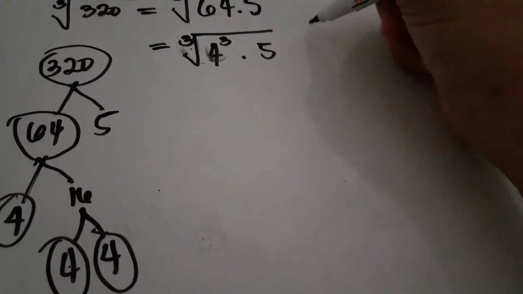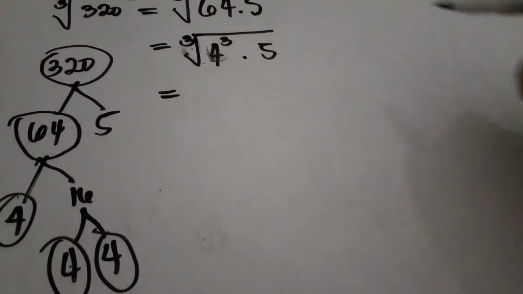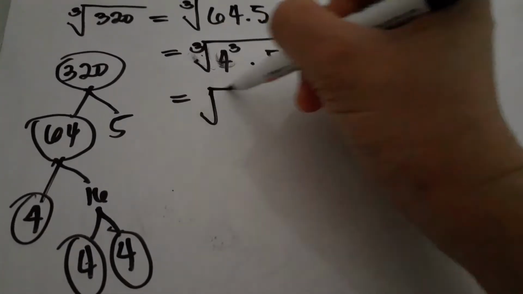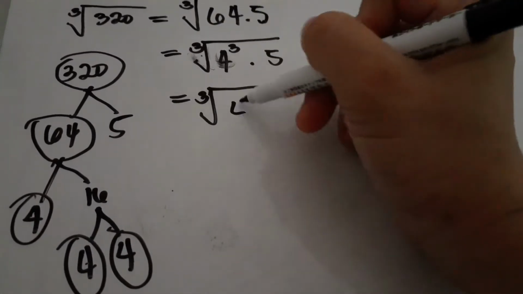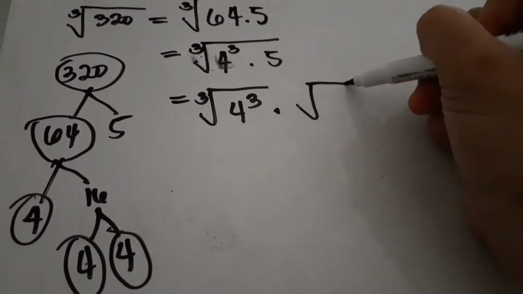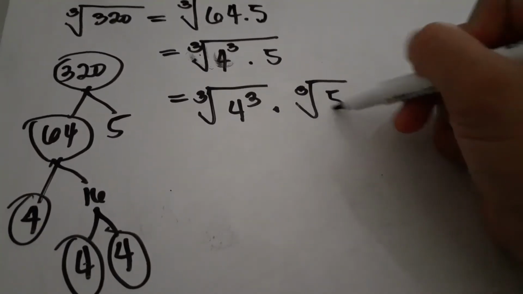Therefore, our factor is 4 cubed times 5, and we can separate into groupings, which is the cube root of 4 to the third power times the cube root of 5.